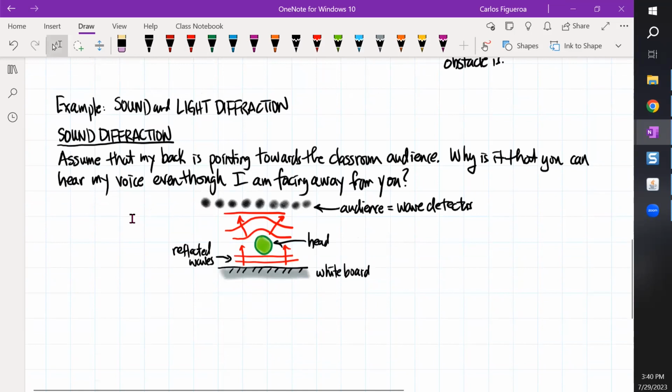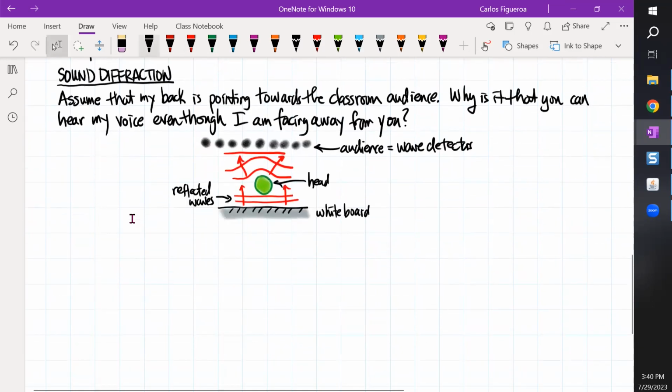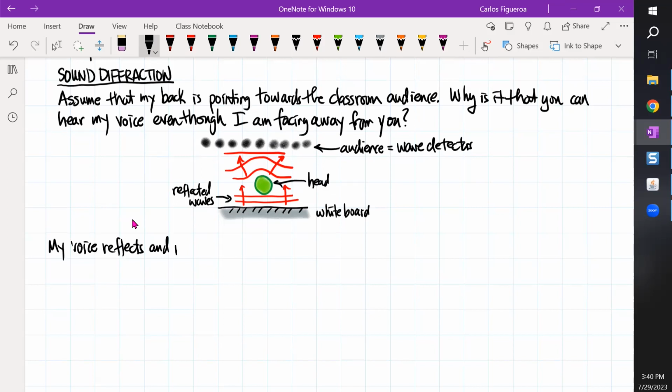So now, let's write this here. My voice reflects and interacts with my obstacle, my head. And we're going to say that my head is about 20 centimeters.